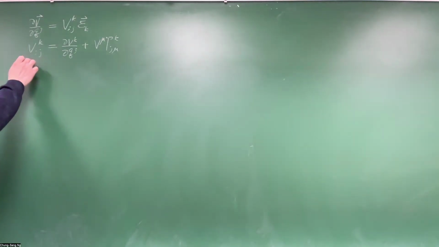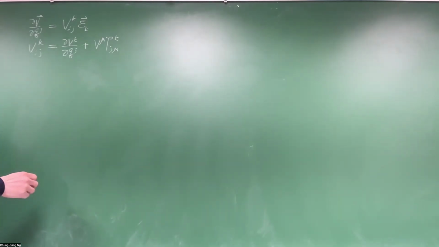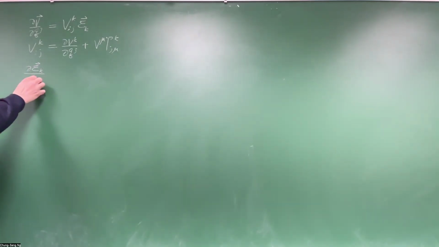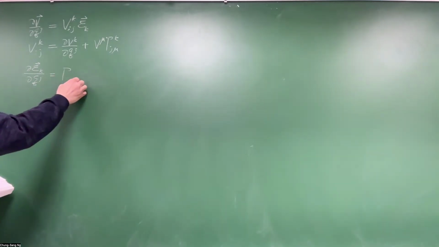First we define this by saying that this is a coefficient. This is the coefficient of taking the derivative of the basis vector epsilon_k with respect to another coordinate j, and project on all the basis vectors.